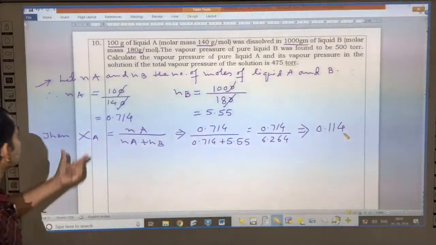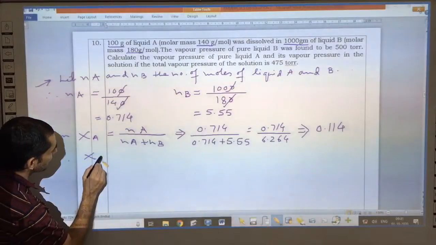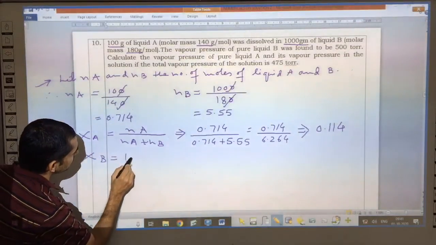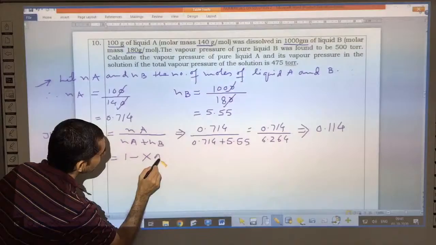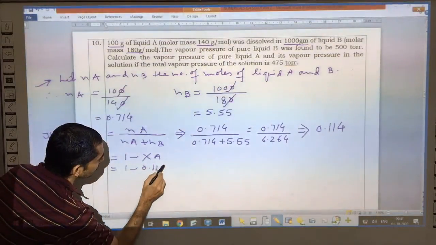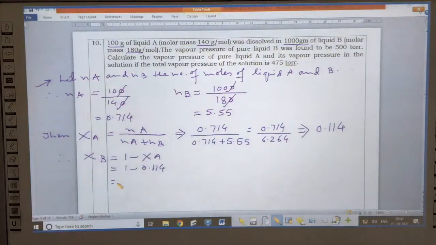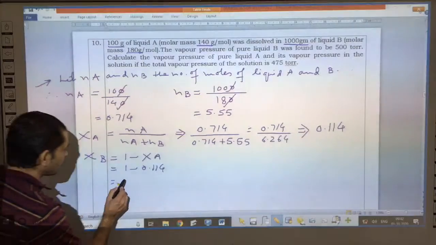This is the mole fraction XA. Therefore, you can calculate XB. XB is 1 minus XA. So this is 1 minus 0.114. You solve it, and this is 0.886.